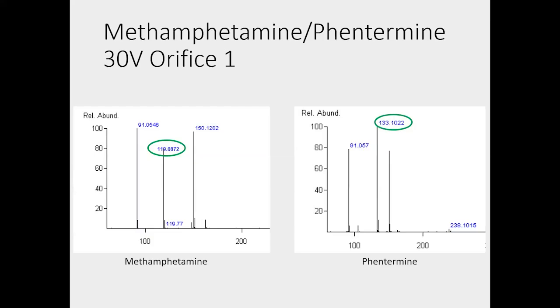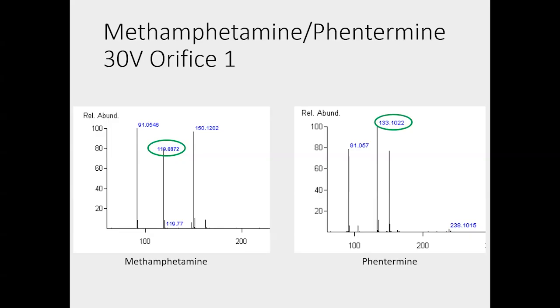As an example of a pair where they did see spectral differences, for the methamphetamine and phentermine pair at the 30 volt setting for orifice 1, they noticed that each compound had the 150 protonated molecular ion and a 91 fragment, but meth fragmented and gave a prominent 119 versus phentermine, which gave a 133.